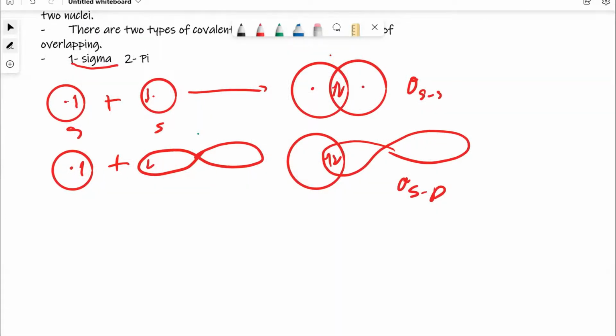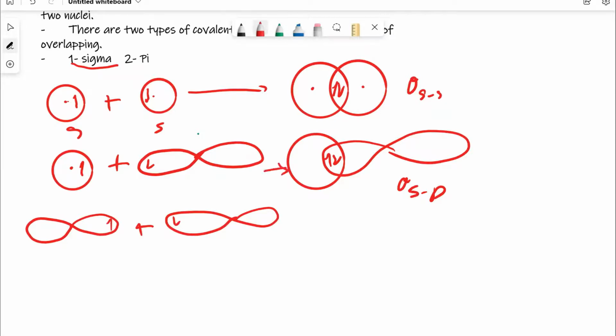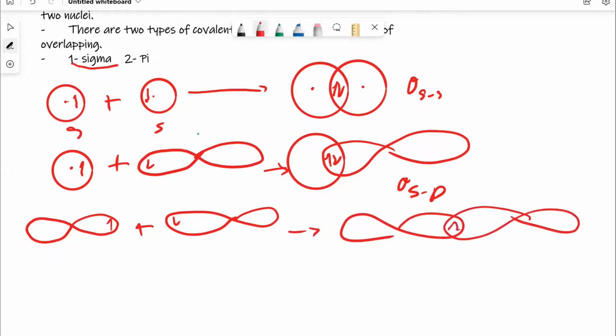Also, you can have p and p. You can see that clearly. If you look at this, these are all internuclear axes right here. They're all internuclear axes.